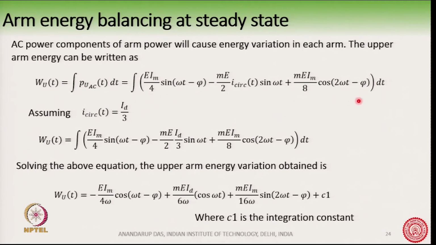If we integrate this expression, and here we substitute this I circulating as I d by 3, which is the major component of this I circulating, then this becomes the expression of the upper arm energy.